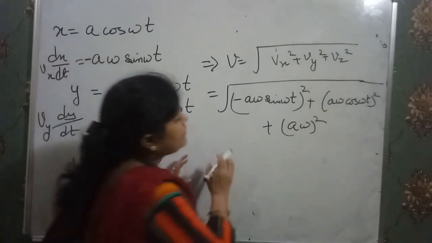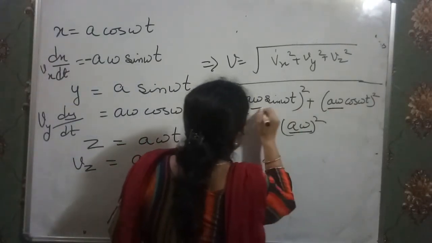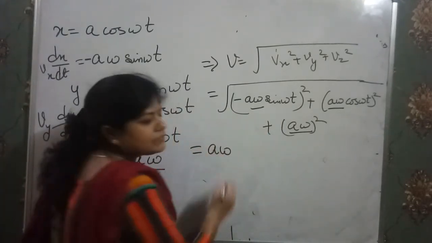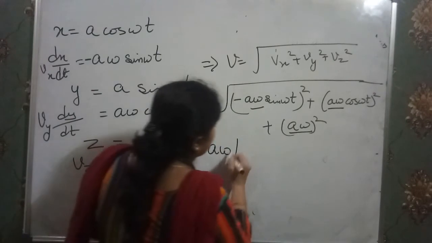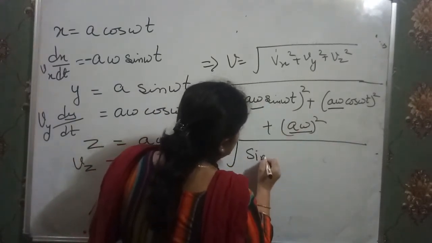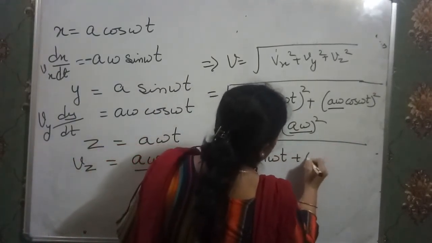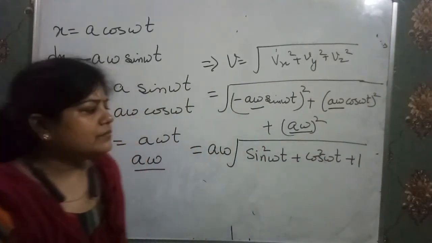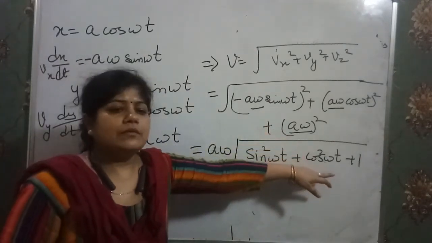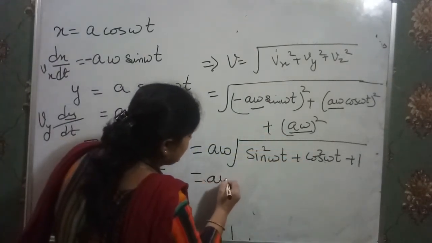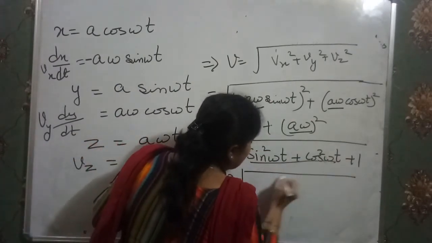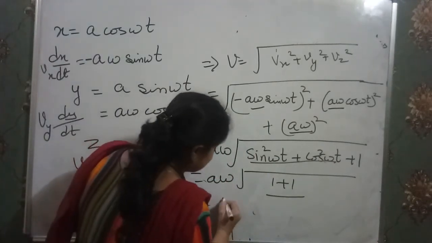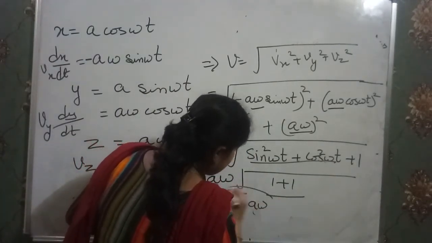Now when we observe, we have a omega square everywhere, so we just take it outside. We have a omega, and the square of this is sine square omega t plus cos square omega t plus 1. Clear? Plus 1. So we have a omega times this value, which is 1 plus 1, so we have under root 2. So our answer is under root 2 a omega.